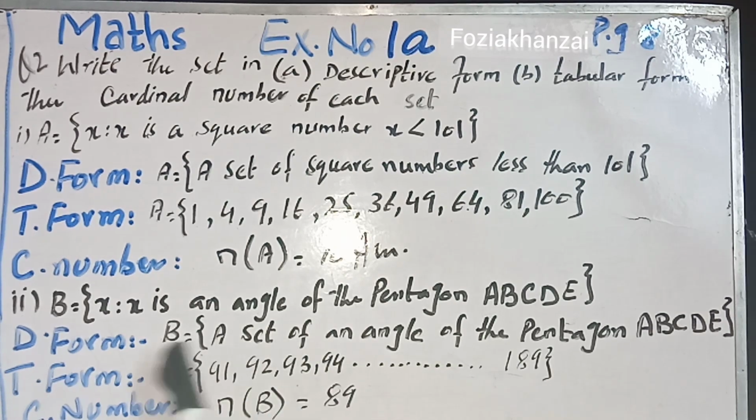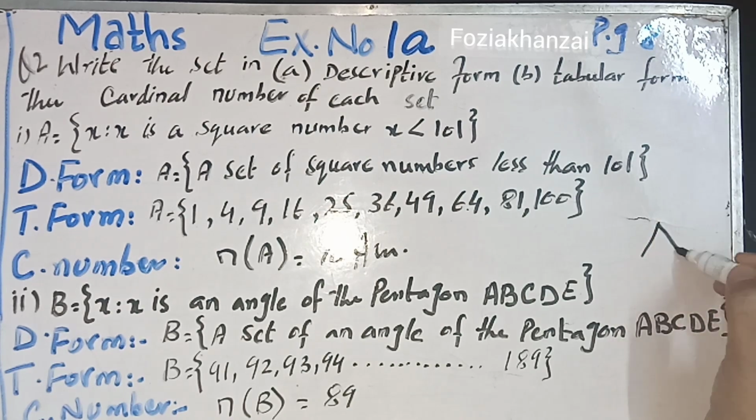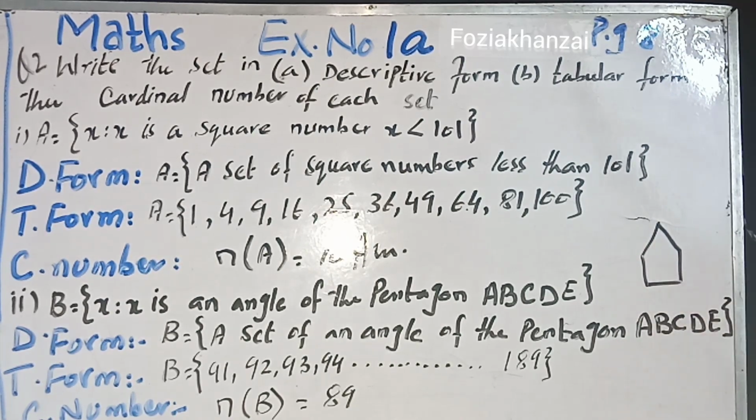Now part B. Same set builder form is given: x such that x is an angle of a pentagon. Pentagon means 5 angles, 5 vertices, 5 sides: A, B, C, D, E. For a pentagon we use greater than 90-degree angles.